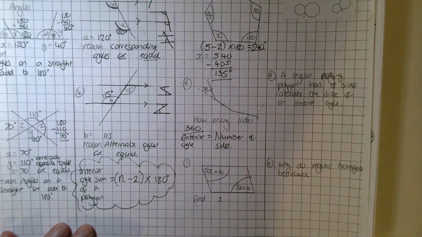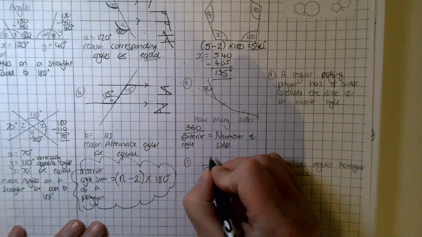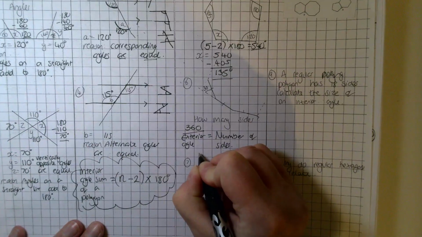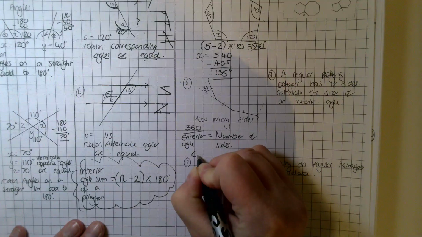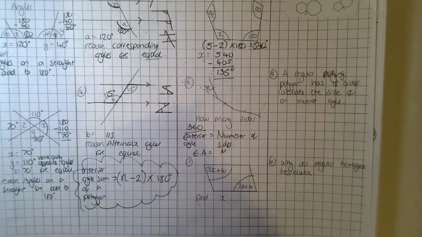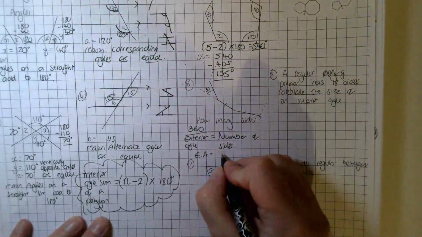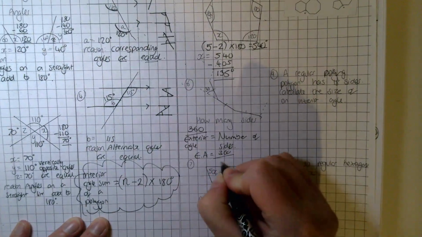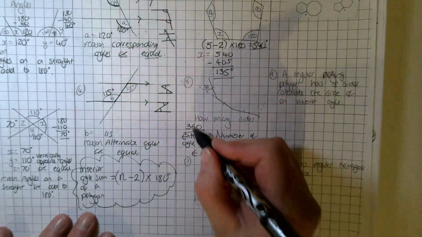It also works the other way round. To work out one exterior angle, if you do 360 and divide that by the number of sides, that will tell you what one exterior angle is.